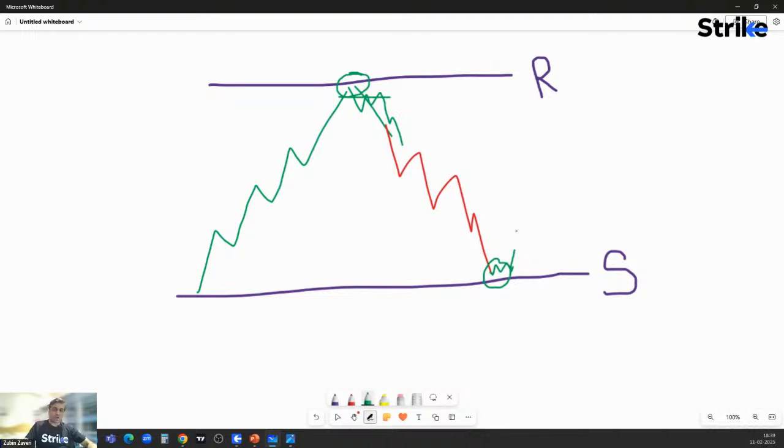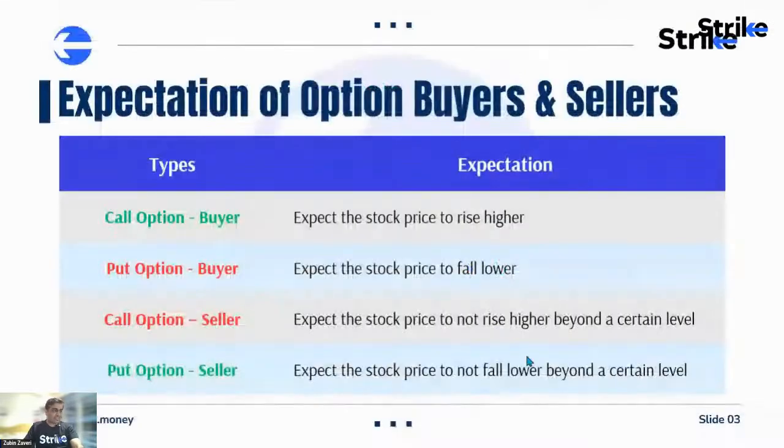Whether it will bounce back or not, we don't know. But we are pretty confident that the prices will not fall below the support level. If we are of this opinion, that prices will not fall below a particular level, at that time we shall sell a put option. Is that clear? Easy to understand?